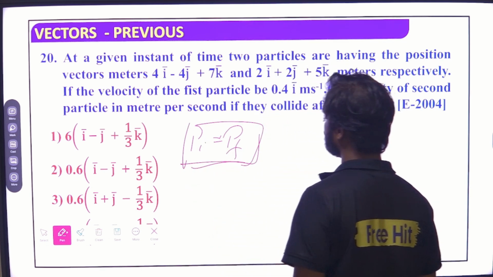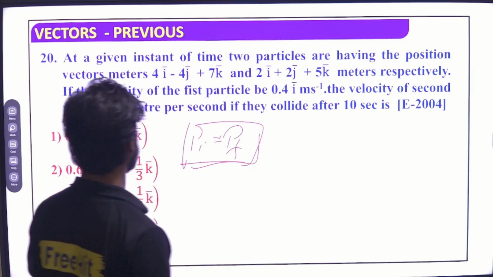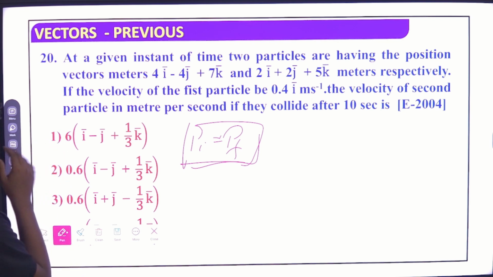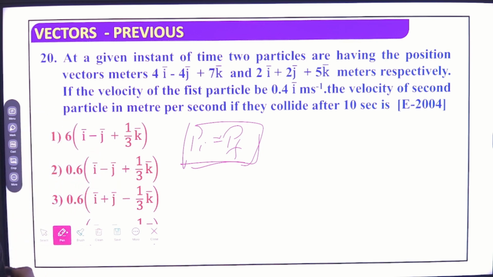For now, leave this question, because it involves momentum conservation. When we cover momentum conservation, we will solve this question, because there we will also do the previous year question.